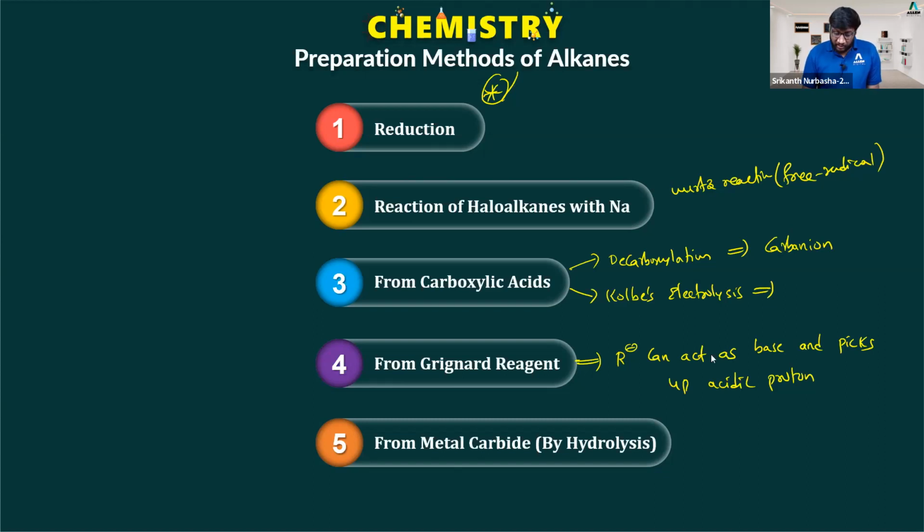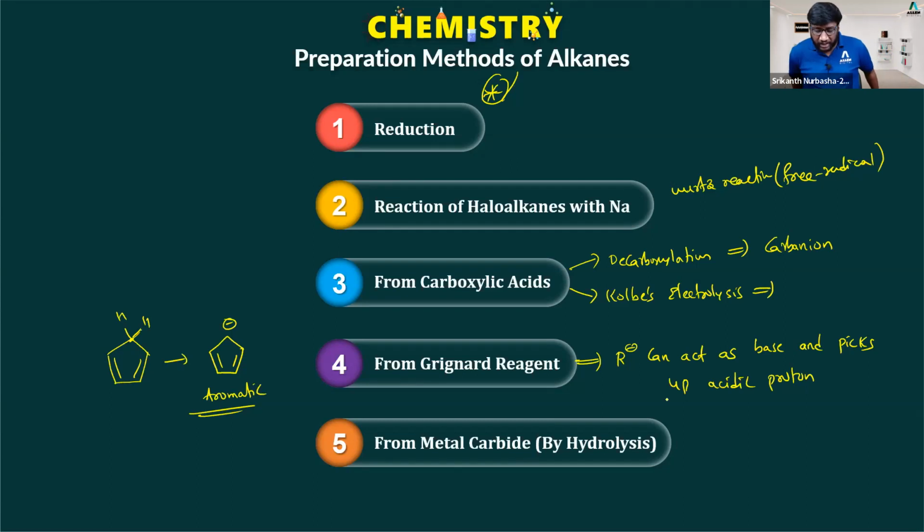Sometimes hydrogen connected to carbon is also an acidic proton, in which case sp hybridized carbon, as well as if you remove the proton and the resulting compound is aromatic in nature. I have given one example. This carbon has two hydrogens. It is not sp hybridized, but still that hydrogen is picked up to form the respective compound in this way, which is aromatic in nature. And then metal carbides by hydrolysis.